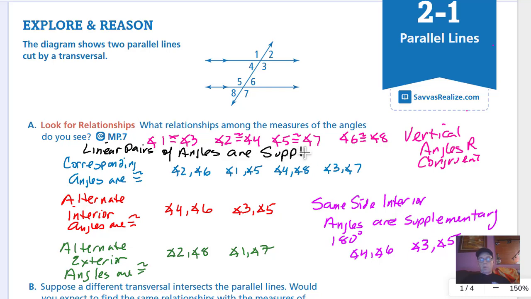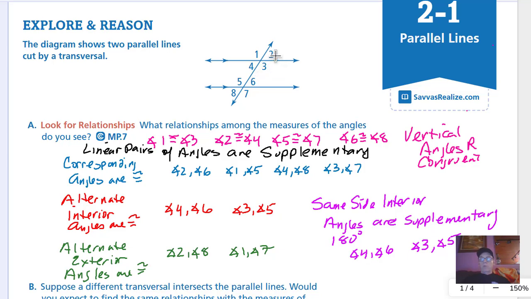So in this diagram, there's lots of different relationships between the angles. If we know one angle, for example, we have enough to calculate all of them. Like if angle 2 is a 30, the linear pair idea means that 3 has to be 150. Vertical angles means that 4 has to be a 30, and then 1 would have to be 150. Corresponding, if 1 is 150, 5 must be 150.